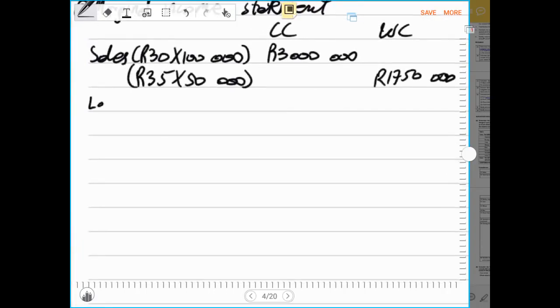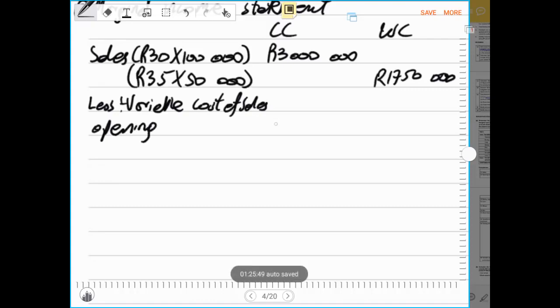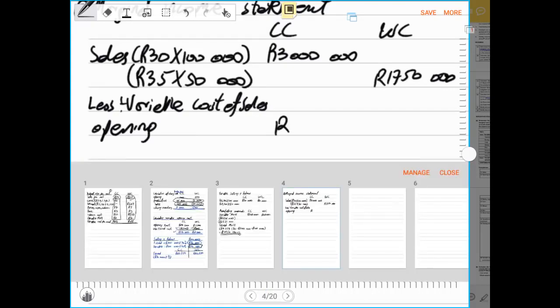Then after, I have to say less variable production cost, or variable cost of sales. Let me just say variable cost of sales, and my variable cost of sales will be made of the opening. We did some calculations of the restated opening.